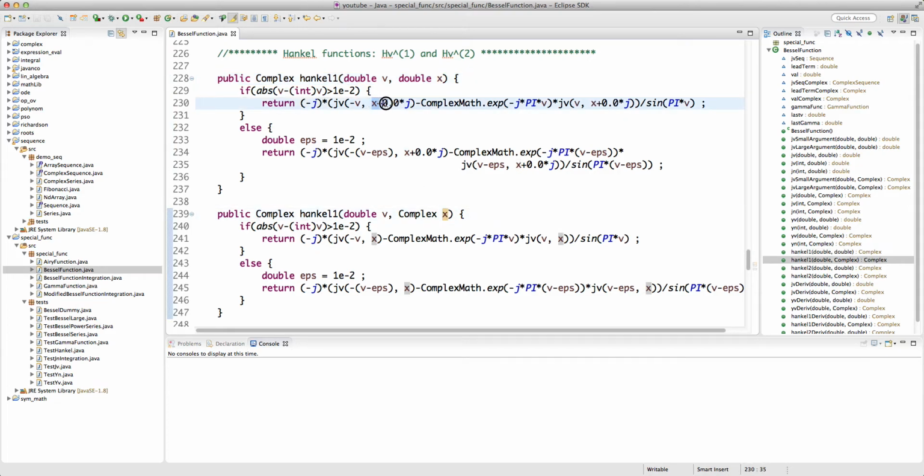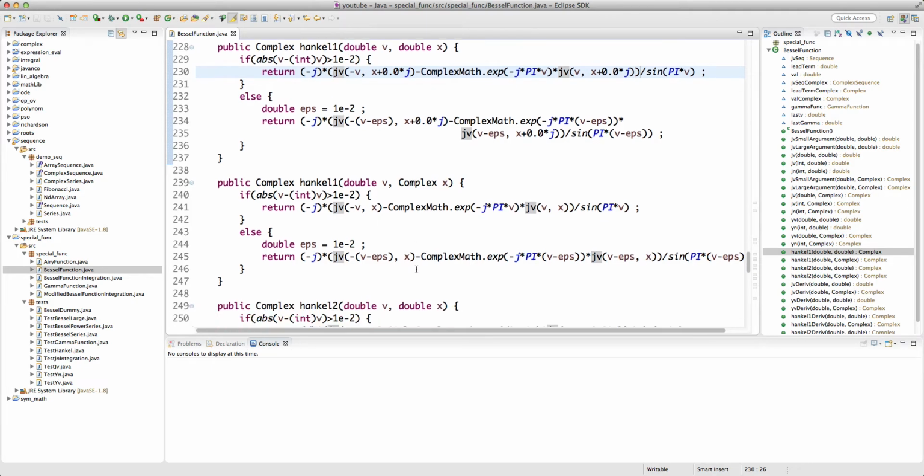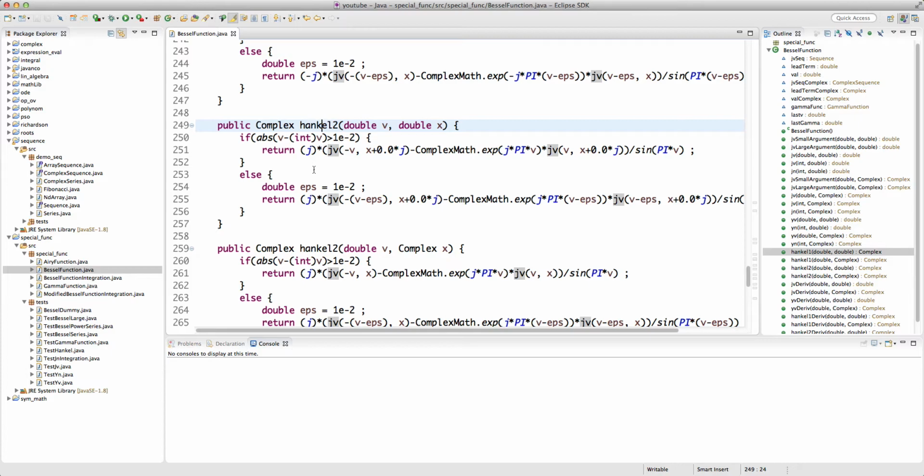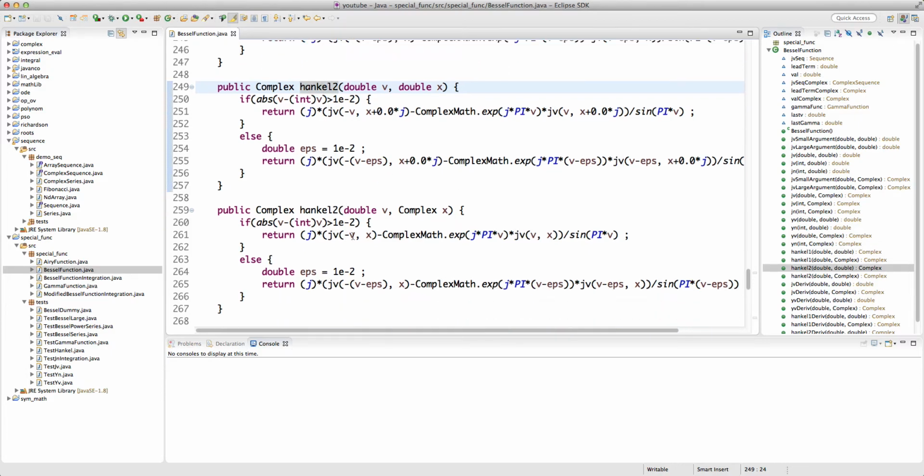The caveat is that we have to be careful when x is double, because we have to invoke the J nu and pass x as a complex number which has a 0 imaginary part. So we cast x to a complex number and then pass it to j nu. All right. Hankel 2, the same thing, similar implementation.